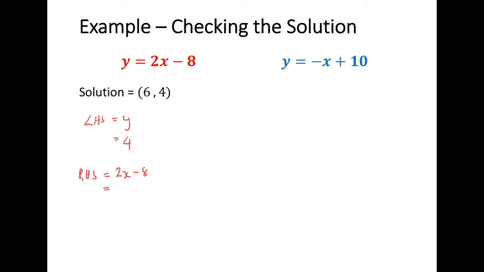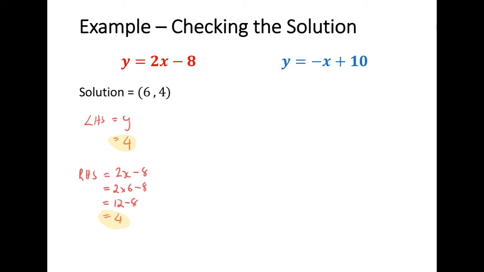Substituting my x value of 6, that's 2 times 6 minus 8. 2 times 6 is 12. 12 minus 8 is equal to 4. So for the first equation, my left-hand side is equal to 4 and my right-hand side is equal to 4, so that balances.